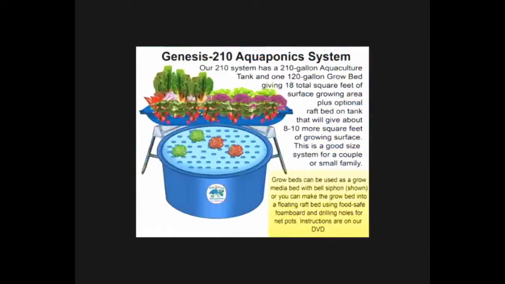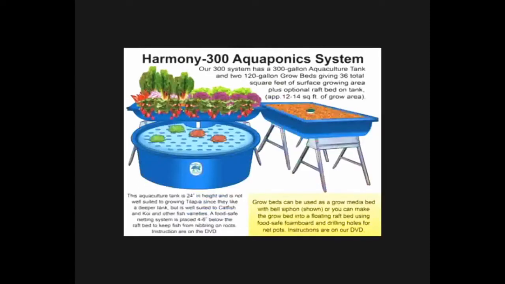Our Genesis 210 aquaponics system has a 210-gallon aquaculture tank and 1 grow bed. Our Harmony 300 aquaponics system has a 300-gallon aquaculture tank and 2 grow beds.